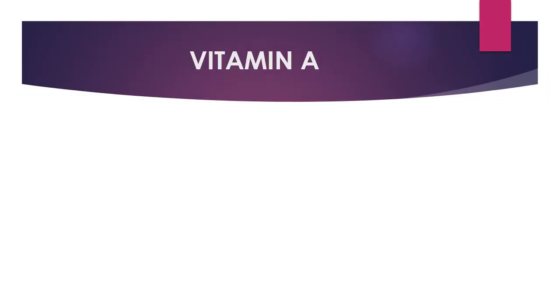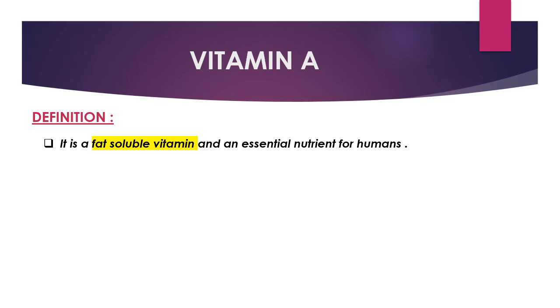Let us discuss vitamin A and its definition. Vitamin A is a fat soluble vitamin, that means it is dissolved in fat, and an essential nutrient for humans. So remember, vitamin A is fat soluble.